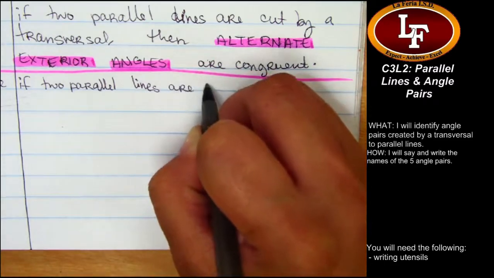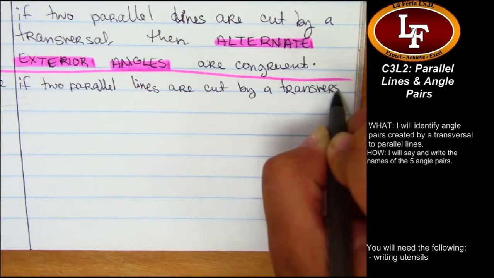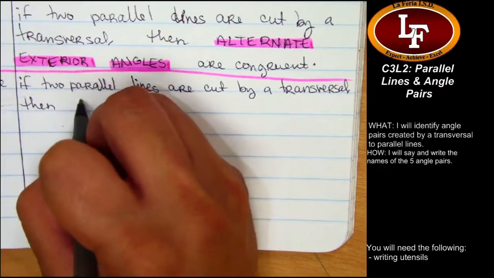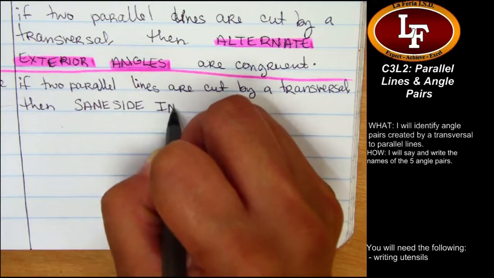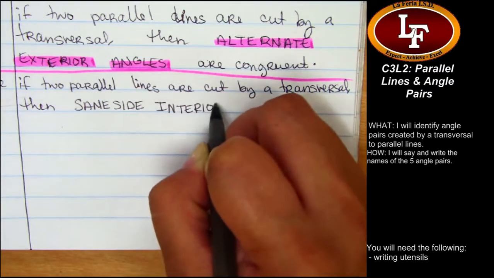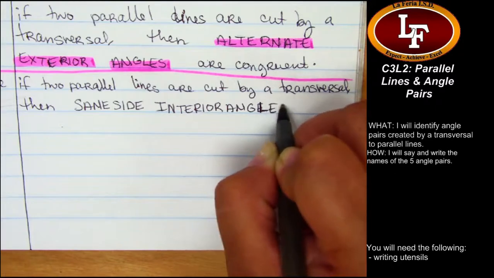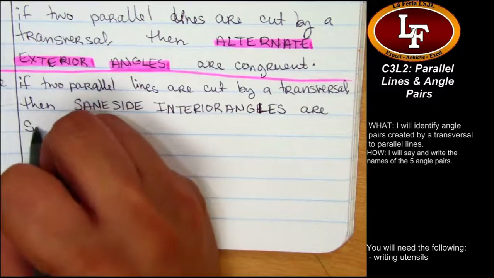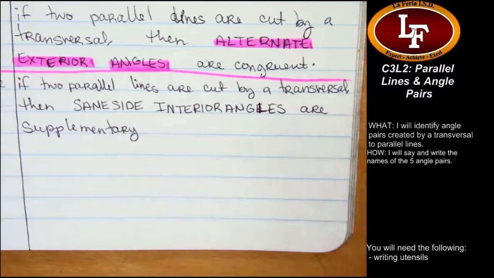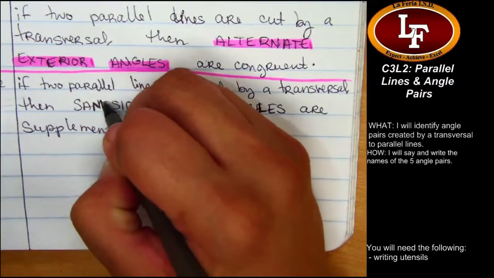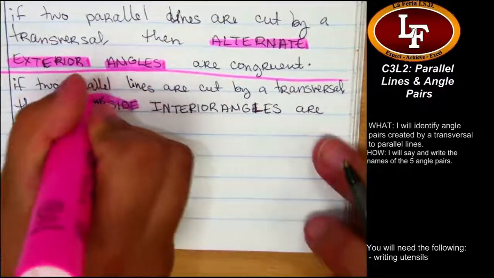If two parallel lines are cut by a transversal, then same side interior angles are supplementary.